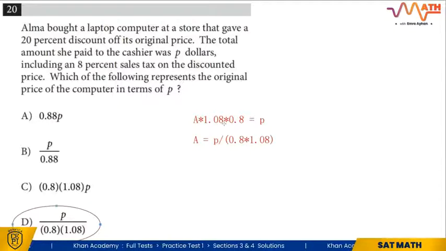Tax added, to increase by 8%, we multiply by 1.08. Then to make this count for 20%, we subtract from 100. So 0.80, we have to multiply to find the price. The question is the initial amount when you think about this, which is C.